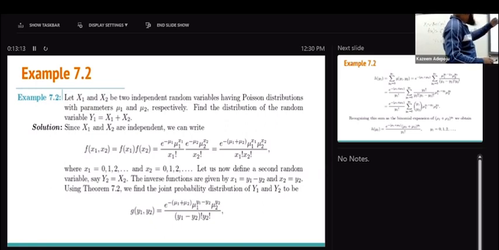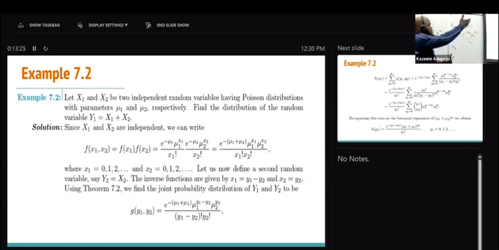If this is y1, we create y2 as an artificial variable equal to x2, even though I don't need it, because in the end I'm going to integrate it out.